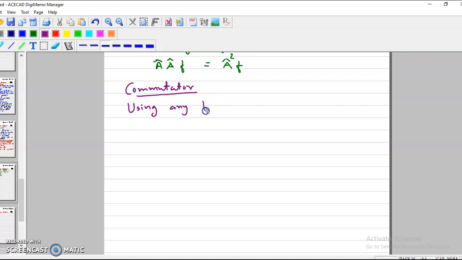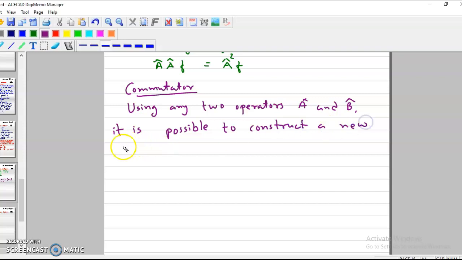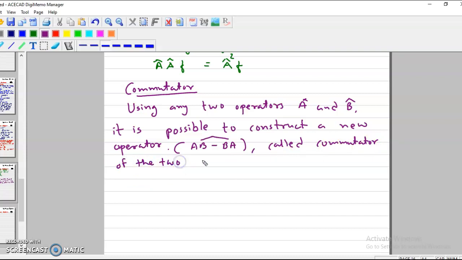Using any two operators A and B, it is possible to construct a new operator, for example AB minus BA, called the commutator of the two operators.